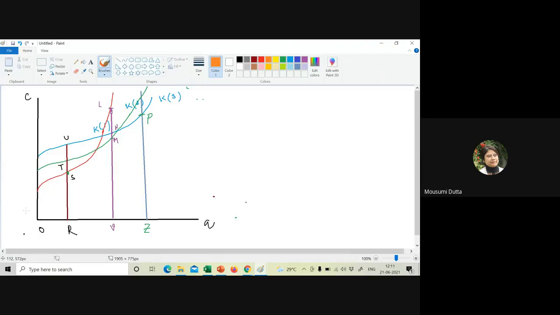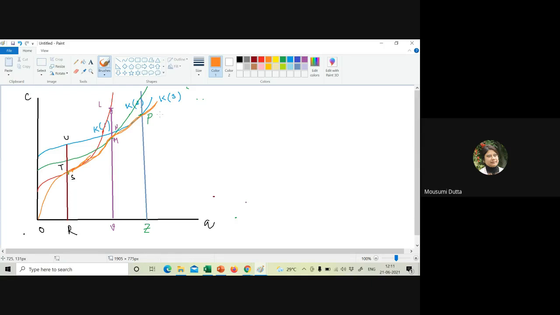Roughly this line will give you the long run total cost curve.